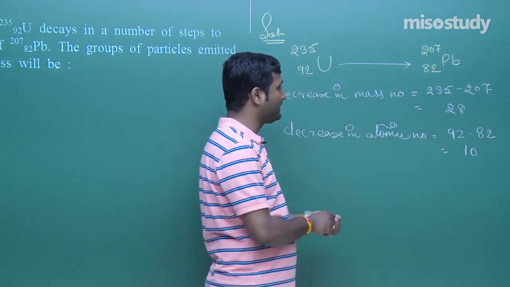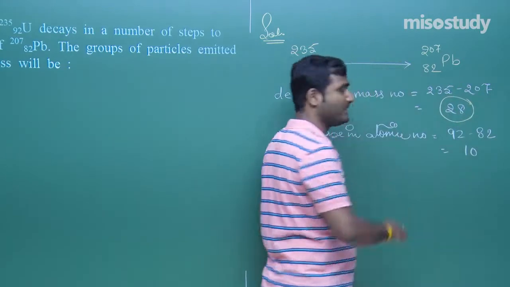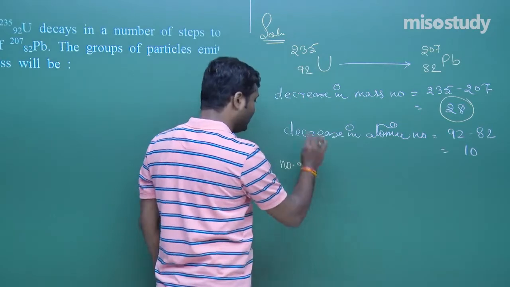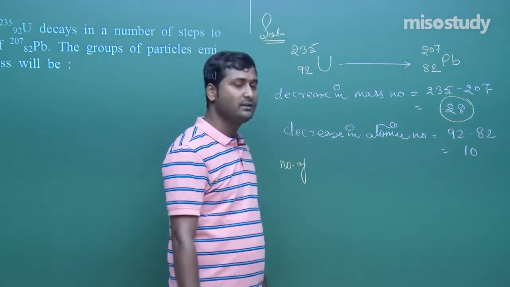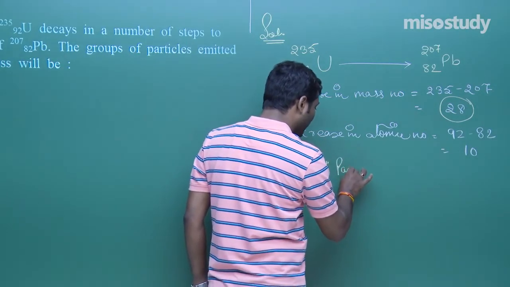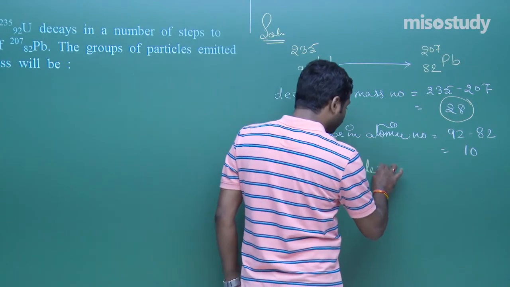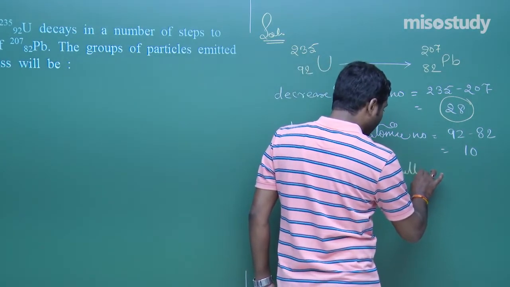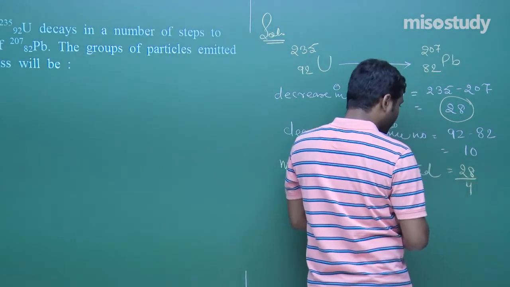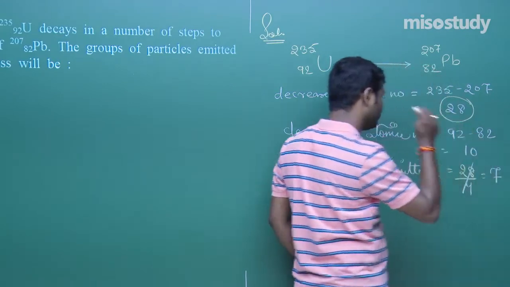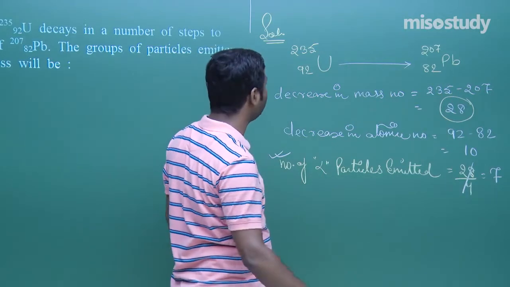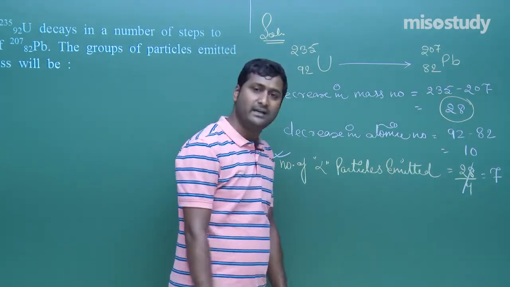If there is a decrease in mass number of 28, then definitely we know only an alpha particle brings a decrement in the mass number. So the number of alpha particles emitted will be equal to 28 divided by 4, that is equal to 7. Am I right? That is, we can easily say the number of alpha particles emitted is 7.